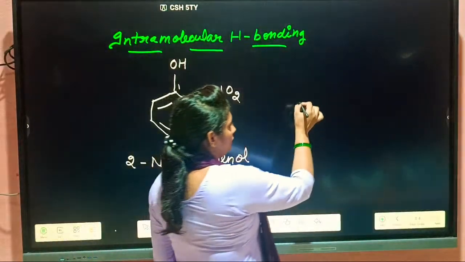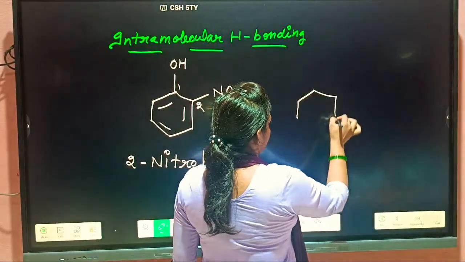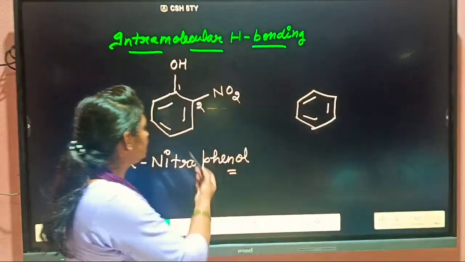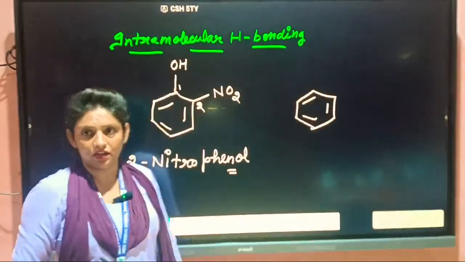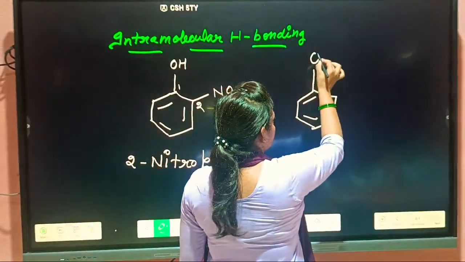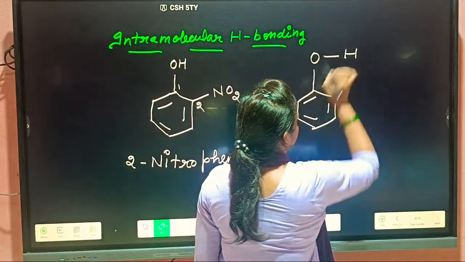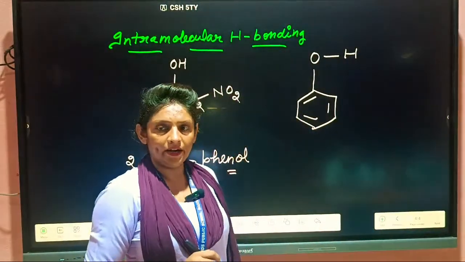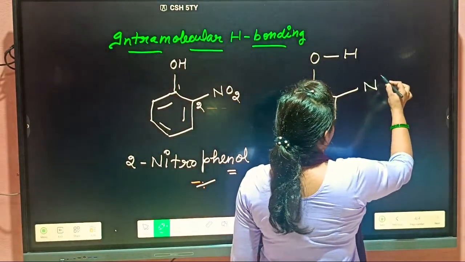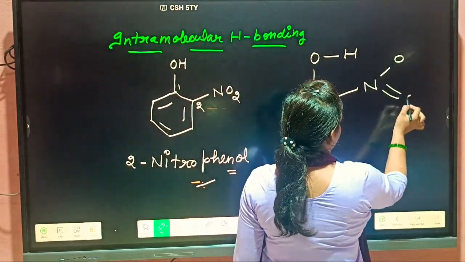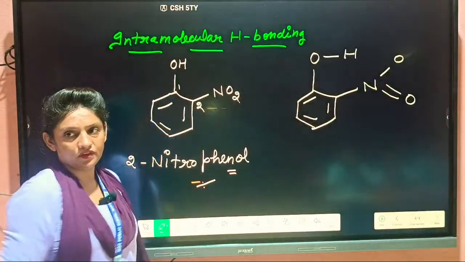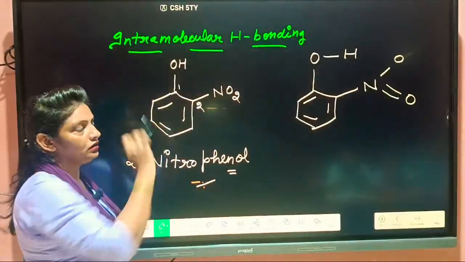I can write it in this way. There should be two functional groups. Here one functional group is alcoholic and the second one is the nitro. Clear or not? So in one group there should be hydrogen, and in the other group there should be an electronegative element. I can write this nitro group in this way and this OH group in this way.